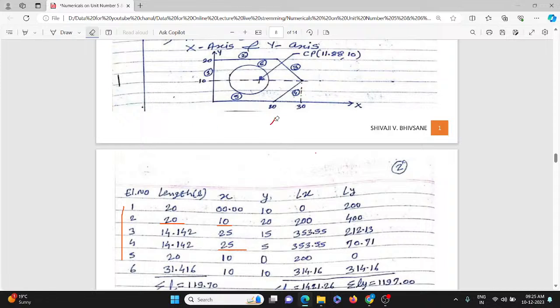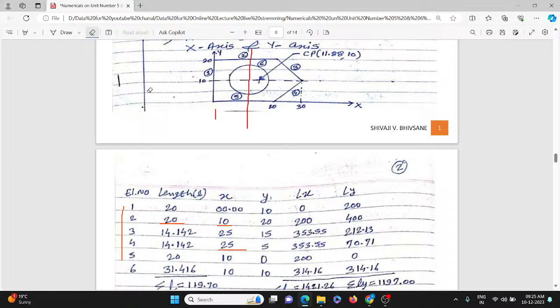Then consider element number 6, that is the circle. If you look at the circle, element number 6, you can see the centroid, that is the center of pressure, will be somewhere at the center. This distance you must calculate. What is this distance?